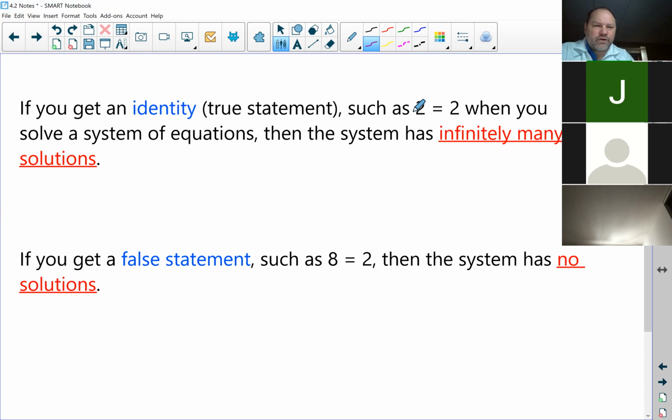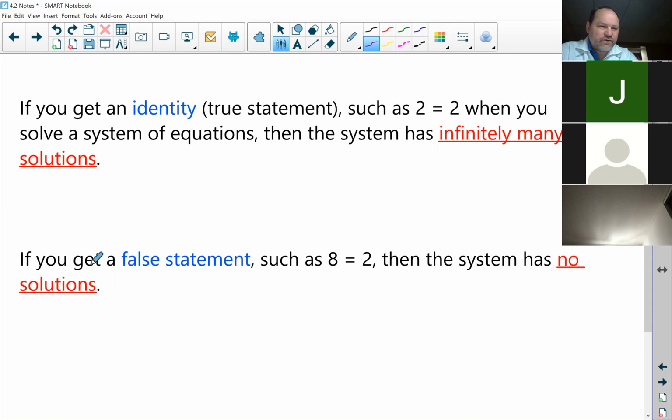If you get a false statement, a number equal to a different number, that means we have no solutions. That would be the case where our lines were parallel in our solving by graphing.